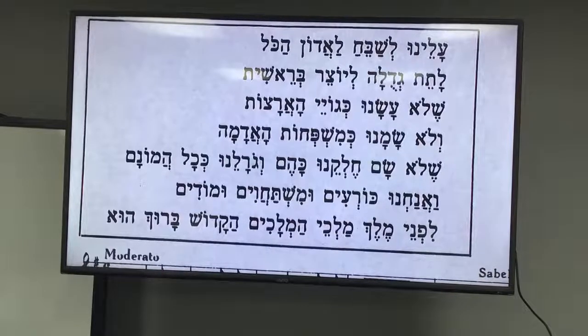So it says, Aleinu leshabeach le'adon hakol latet gedula leyotzer bereshit shelo asanu kegoye ha'aratzot velo samanu kemishpachot ha'adama shelo sam chelkenu kahem vegoralenu kekol hamonam va'anachnu korim umishtachavim. It's kind of a long word, so let's go through this again.